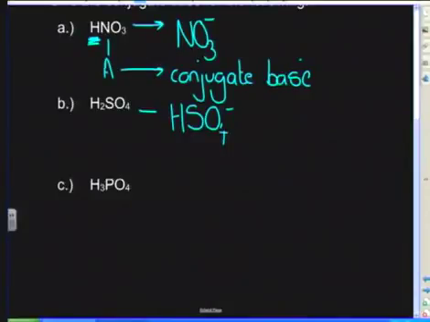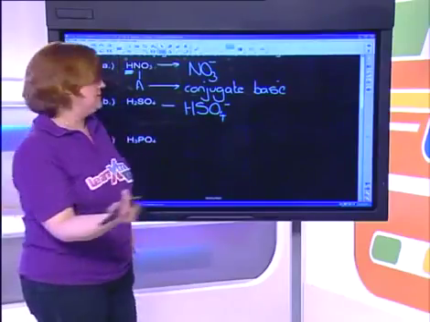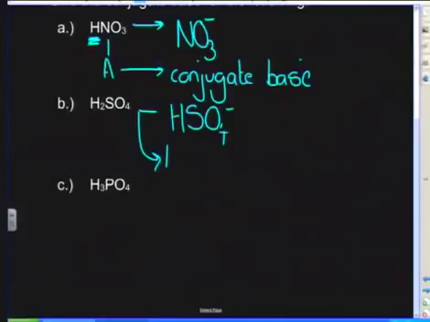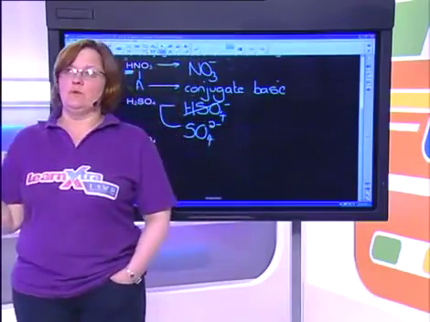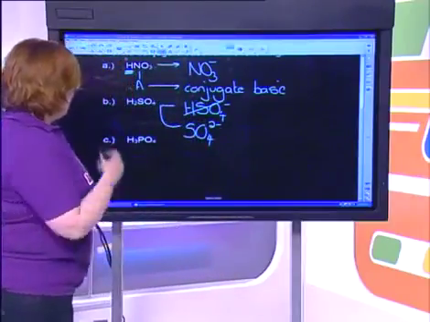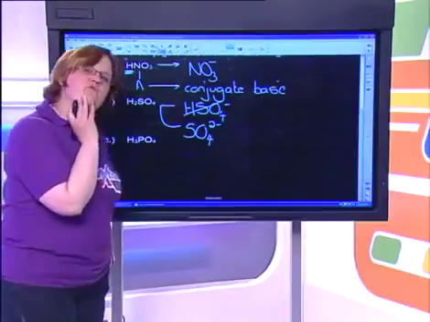Because sulfate is minus 2, and it only gave away 1 of its pluses. However, more likely it's going to give away both its pluses and become SO4 2 minus. That's its conjugate base. It's a weak conjugate base, sorry. It actually doesn't really want the hydrogens back. It's quite happy.